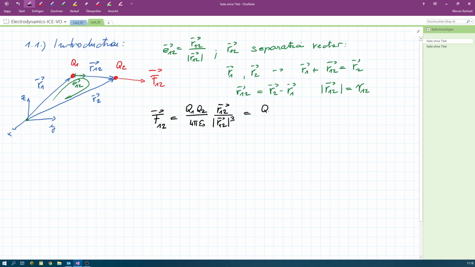This is the same as Q1 Q2 over 4 pi epsilon 0 times the unit vector E12 over the magnitude of R12 squared. So we took advantage of this relation. Here we ended, and we said that actio equals reactio. This was Newton's third law, and we finished the last lecture at this point.